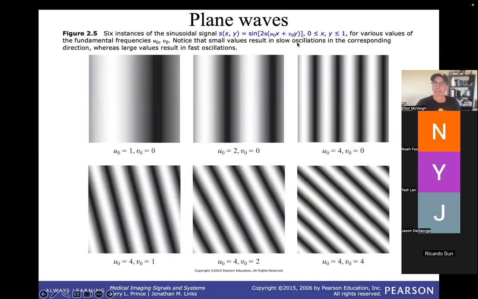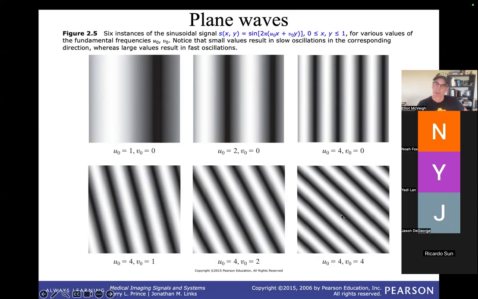When I add in a component in the y direction, so now I've got four cycles this way, and if I go up in y, I have one cycle that goes through over the whole unit length here. It looks like a four cycle plane wave going in a different angle, right? And so it's like I've rotated that plane wave by adding a component in the y direction. If I add another component, I rotate it to a higher angle.